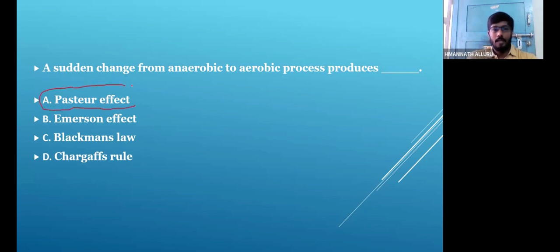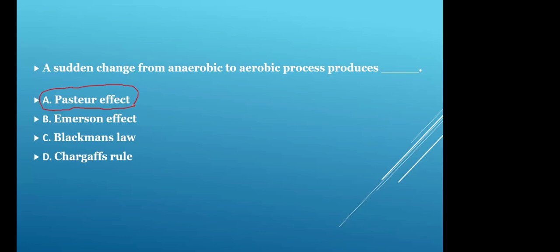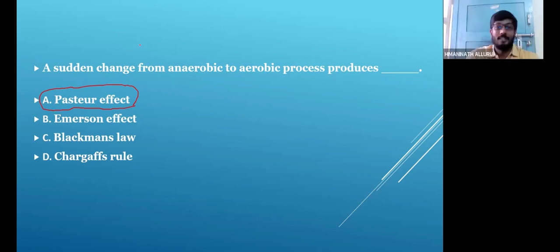Louis Pasteur discovered this when he was working with yeast, in both aerobic and anaerobic respiration. At the time he discovered it, we called it the Pasteur effect. Then what is the Emerson effect? It is in photosynthesis. Can anyone say the wavelength, teachers?